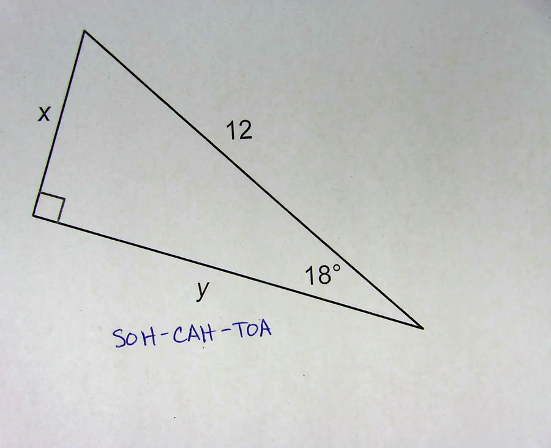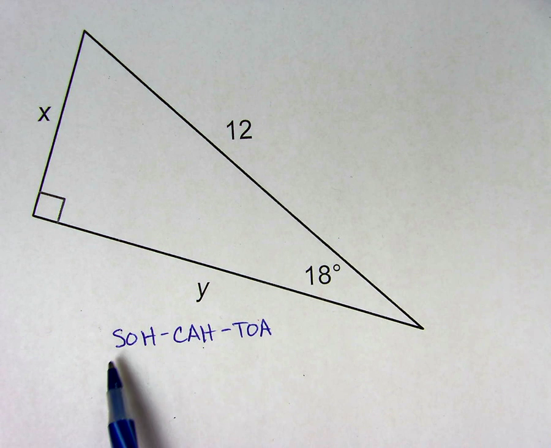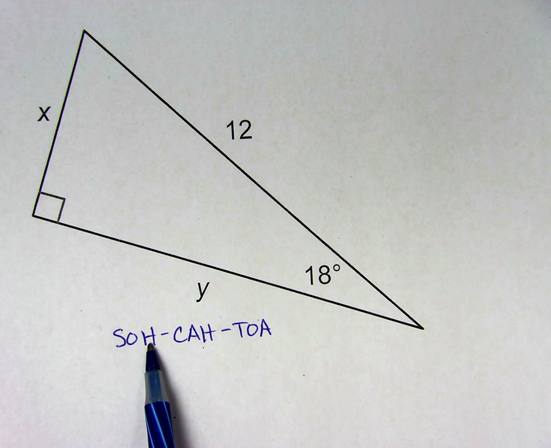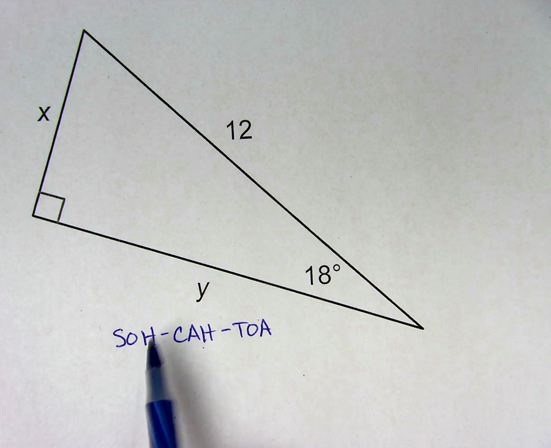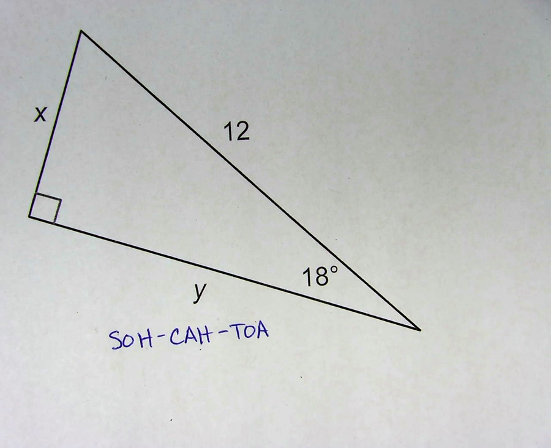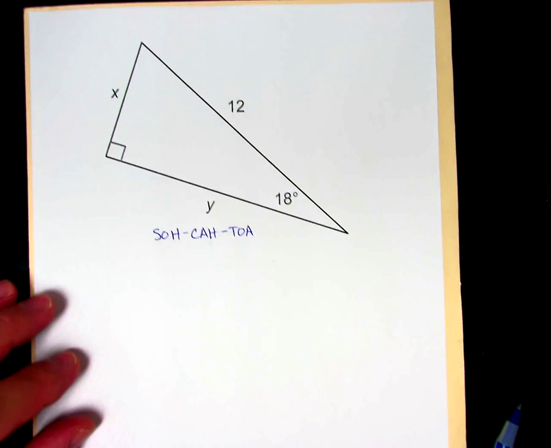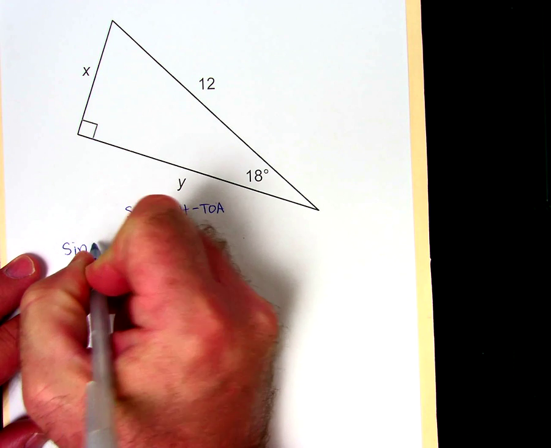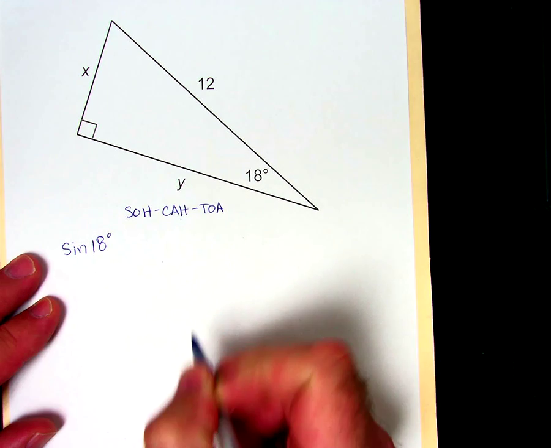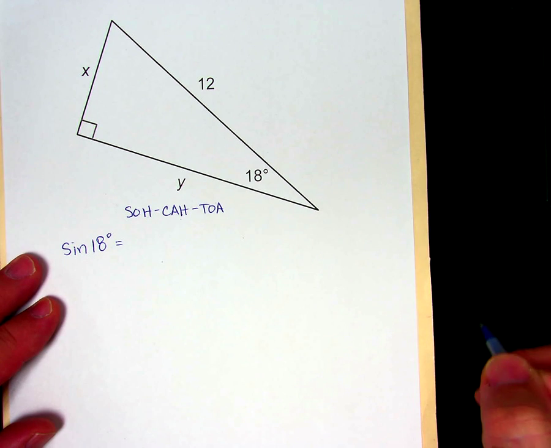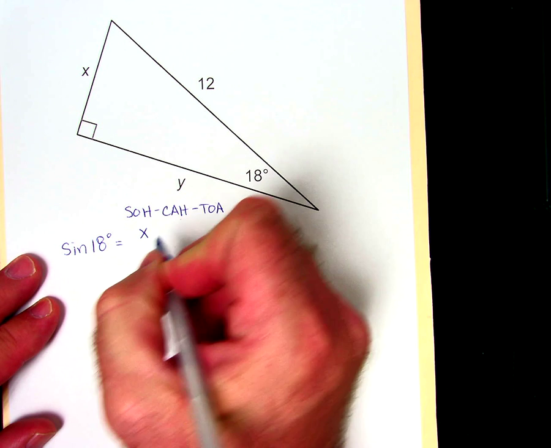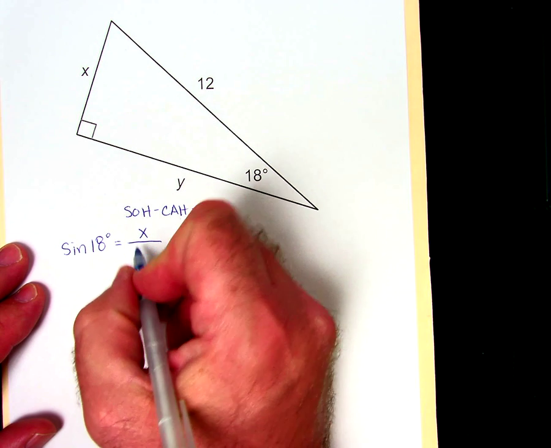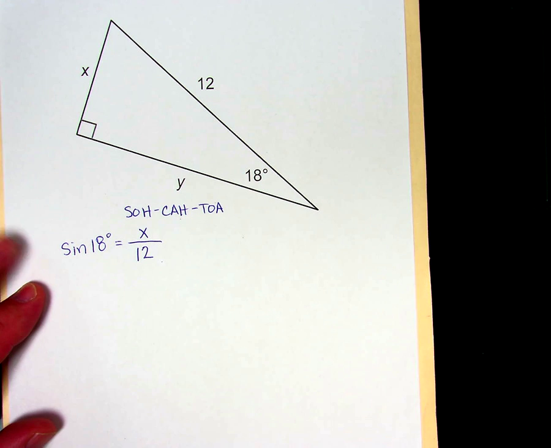The 12 is the hypotenuse, so that would be the sine. Sine is opposite leg divided by hypotenuse. So when I write an equation that describes that relationship, I'd have the sine of 18 degrees is equal to the opposite leg, which in this case has a length of x, divided by the length of the hypotenuse, which is 12.